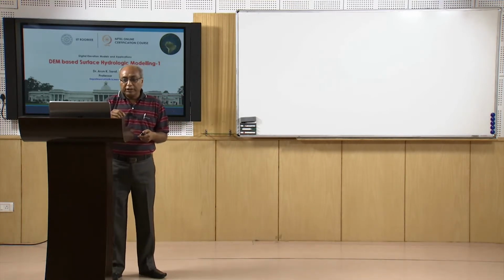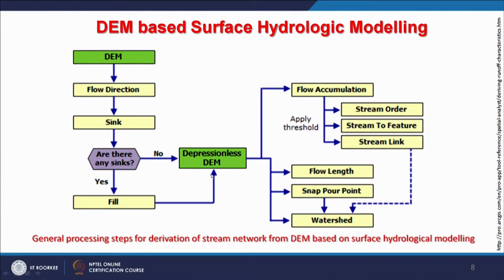And once you have filled them, you have a depressionless digital elevation model. One output we have already created is the flow direction, and then we have a depressionless DEM. These two outputs will allow us to create one more layer or theme, which is flow accumulation.